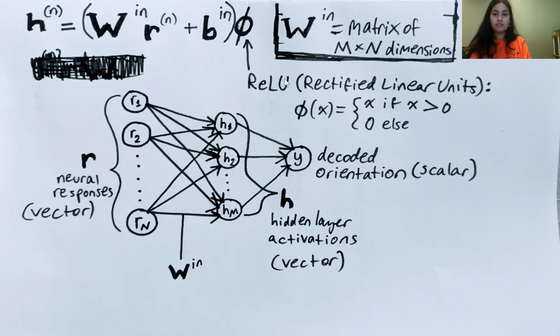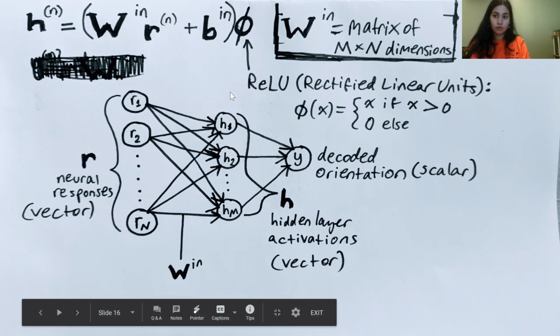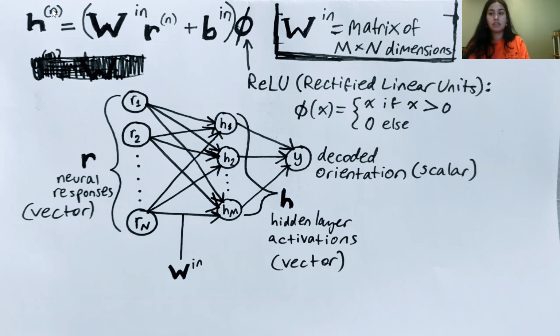So over here, N just describes the number of neurons, while M describes the number of nodes in the hidden layer. Over here, this lowercase n is just the nth stimulus that has been presented. And here, this W term is a weight matrix, and this is the dimensionality of that weight matrix.